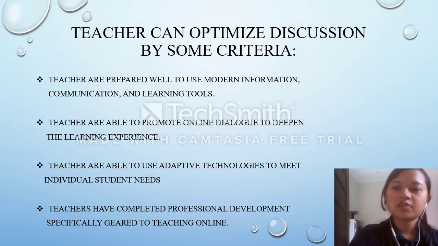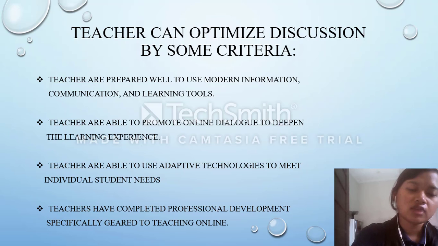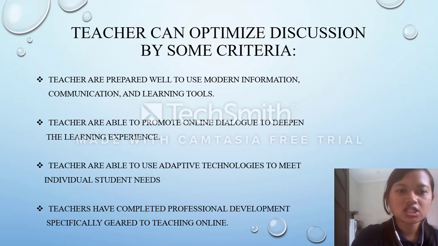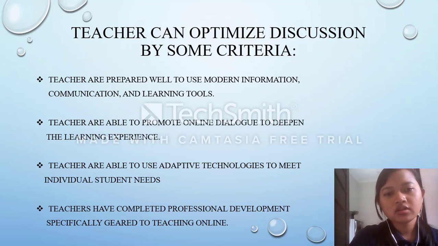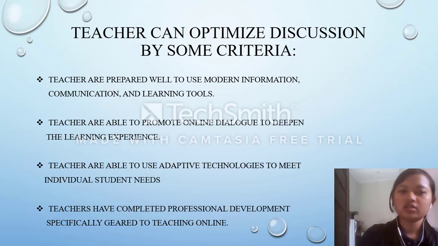How does the teacher optimize discussion? Basically, the teacher can optimize discussion by some criteria, like what I show in the slide. The first, teachers are prepared well to use modern information, communication, and learning tools.